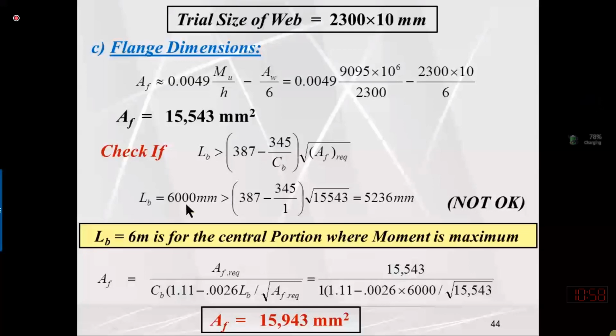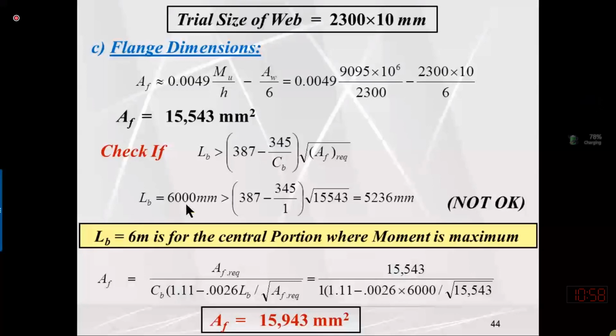So we need to revise the area of the flange by using this equation. So this equation is also given in LRFD design. So we shall revise the area of the flange. So area of the flange required is previously determined by this equation.